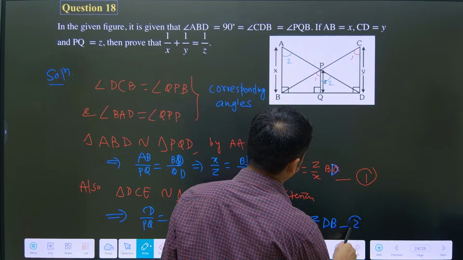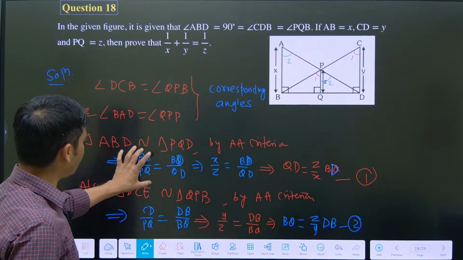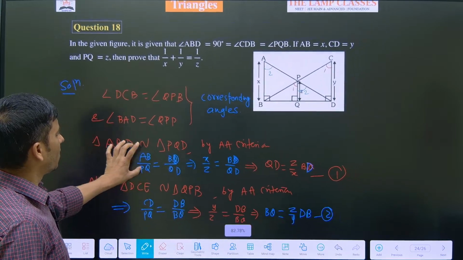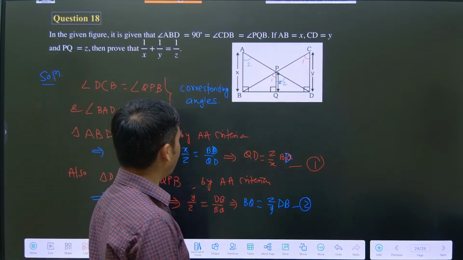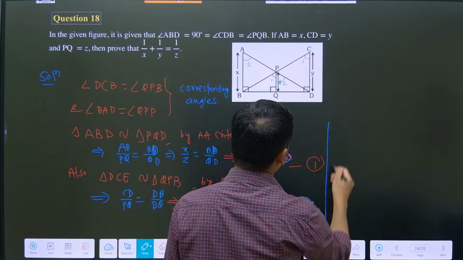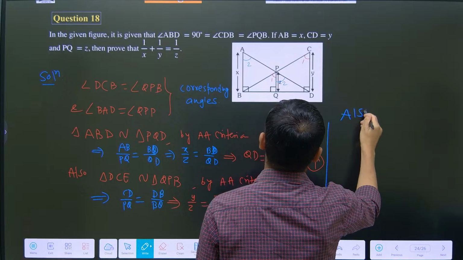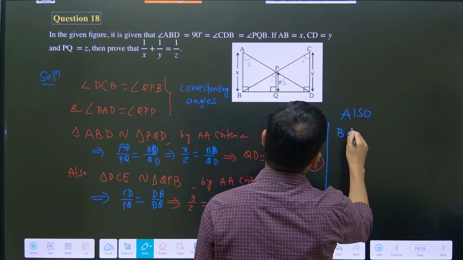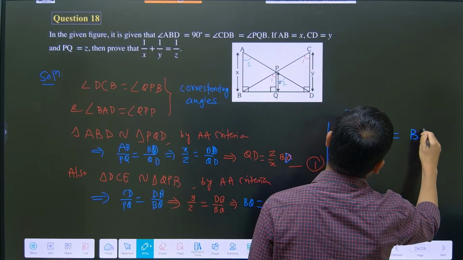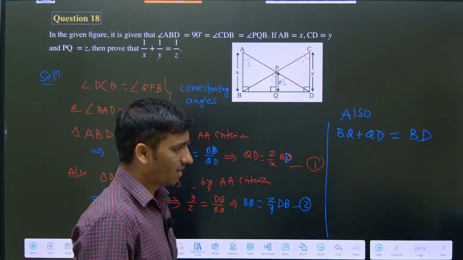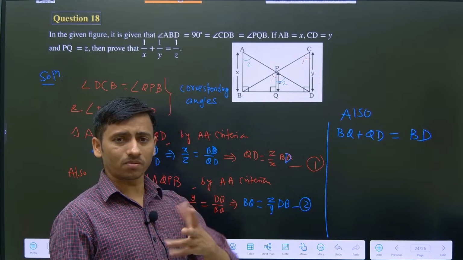That's the second piece of information. Now, do we have any information about BQ, BD and QD? You can clearly see. Also, if I add BQ plus QD, isn't that equal to BD? Put that. Try to solve it along with me only, okay?